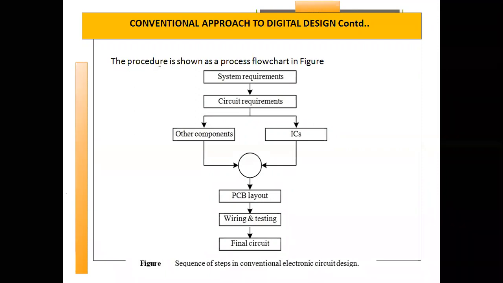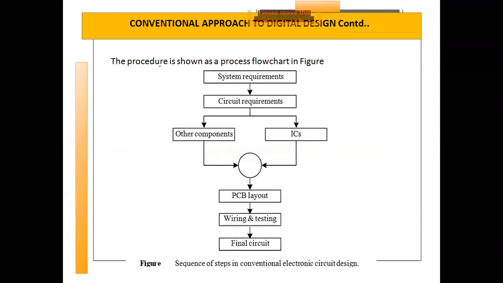These integrated circuits are of different types. They may be small scale integrated circuits, large scale integrated circuits, or very large scale integrated circuits, which perform standardized functions such as gates, counters, muxes, demuxes, flip-flops, or others.